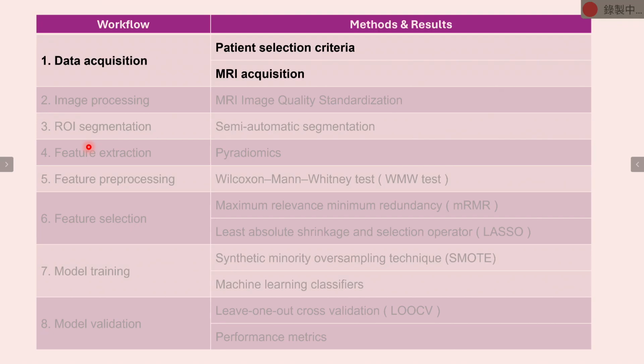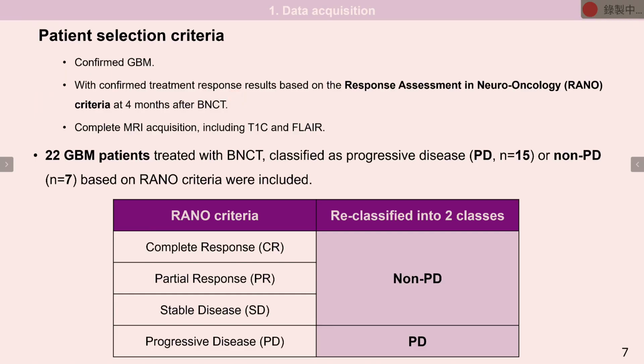First, patient selection criteria include patients with GBM diagnosis and with confirmed treatment response results based on RANO criteria at 4 months after BNCT. The RANO criteria is a commonly used criteria for evaluating the treatment response of brain tumors. Patients also have complete MRI acquisition, and the sequences include T1 contrast and FLAIR imaging.